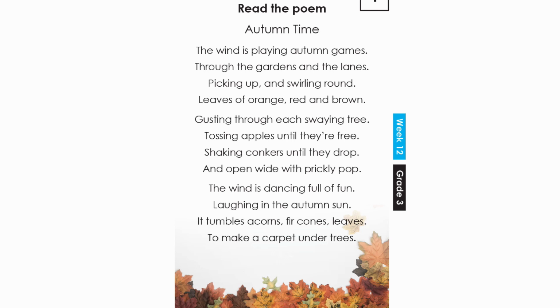Autumn time. The wind is playing autumn games through the gardens and the lanes, picking up and swirling round leaves of orange, red, and brown, gusting through each swaying tree, tossing apples until they're free, shaking corners until they drop and open wide with prickly pop.